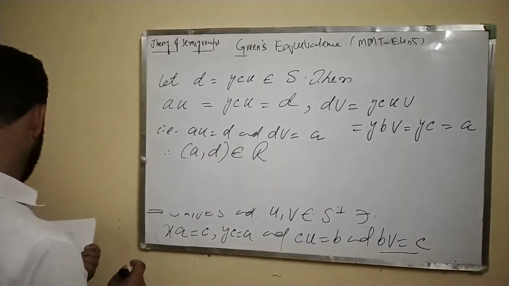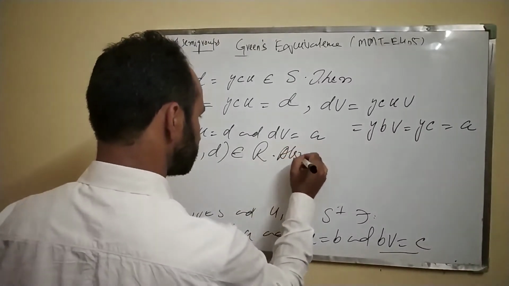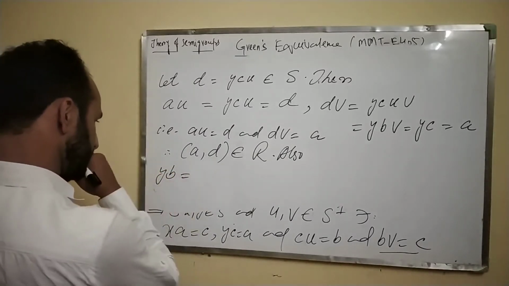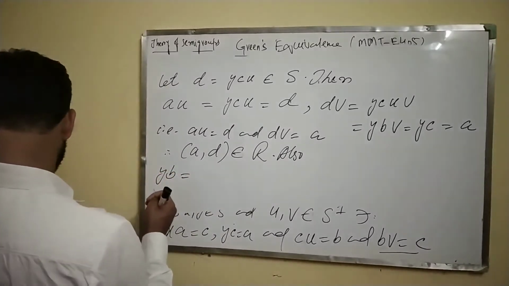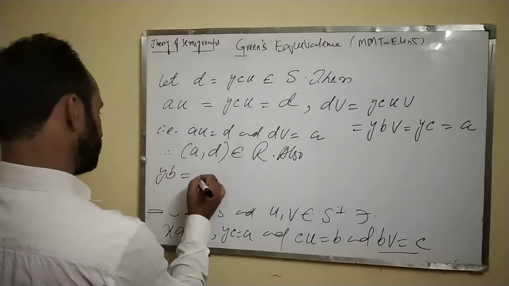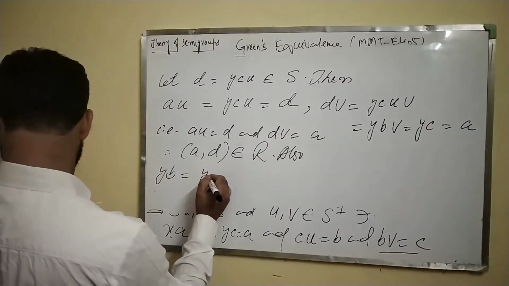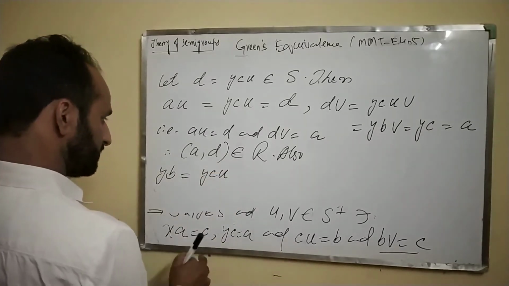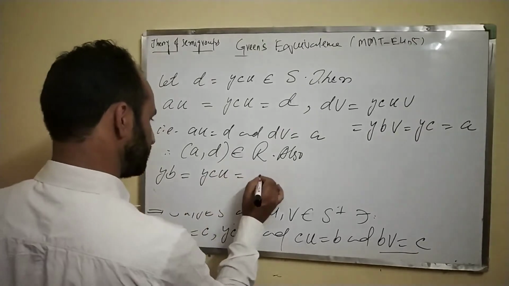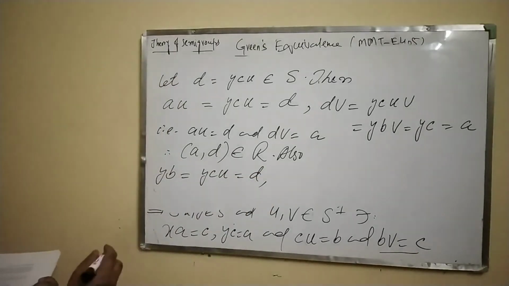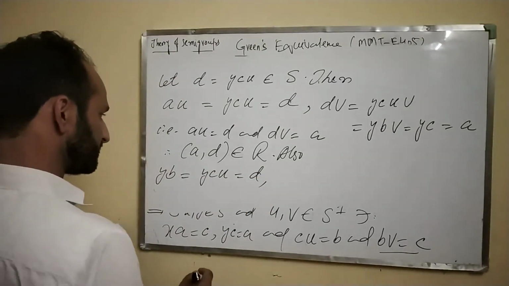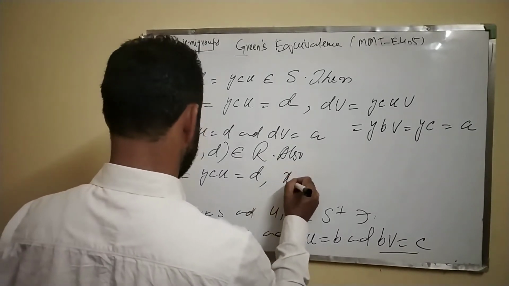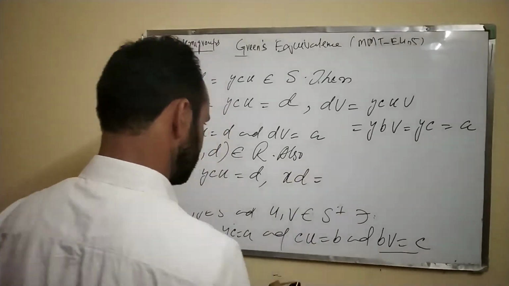Okay, let's see that also. We can see this YB. B is equal to CU, it's YCU, and that's equal to D. YB is equal to D. And now XD, what's XD?